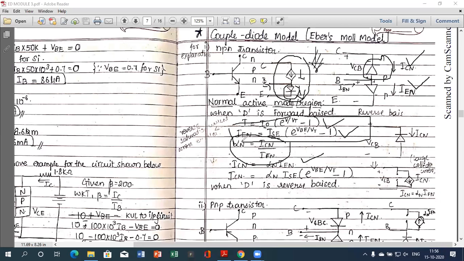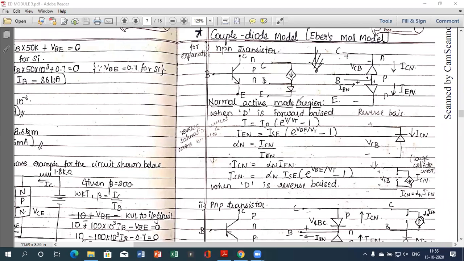Now just put this equation here, we will get this expression. So this is about the collector current when this NPN transistor operates in the normal active mode region. Now everyone should remember this equation, because I am going to use this equation in the actual concept. This is only an explanation to understand this topic.